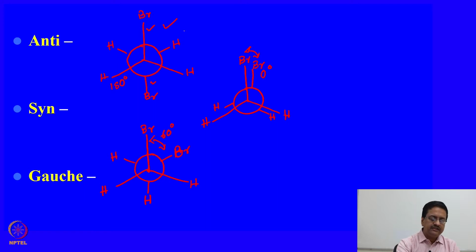So, this must be the lowest energy. The syn conformation has the minimum separation of bromines and the bonds are eclipsed. So, this should be the highest energy, and this one should have the intermediate energy.